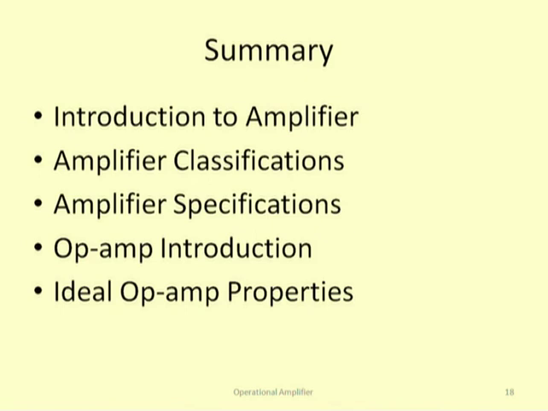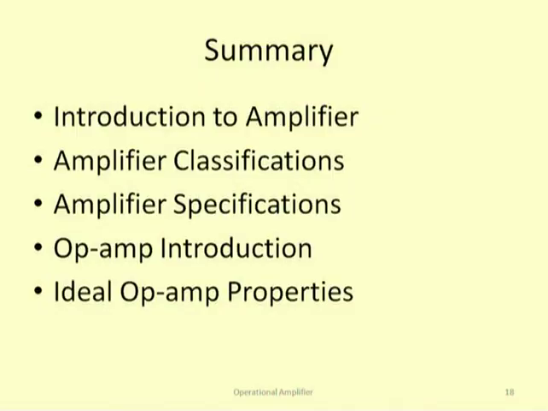So basically, in today's talk, if we summarize the topics which we have studied, we studied about the amplifier, what the function of the amplifier is. We have seen that it is opposite to an attenuator. Then we have seen amplifier classifications.